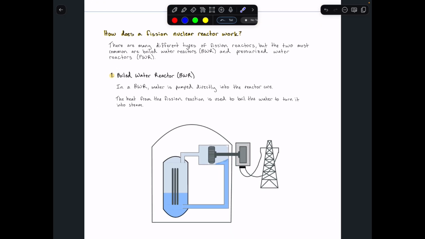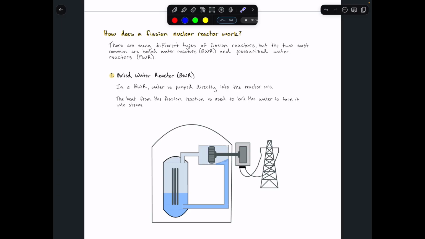There are many different types of nuclear power plants, but in this course we are going to focus on the most common type of nuclear reactor, and it is called a light water reactor. A light water reactor is the most common across the world. And there are actually 2 different types of light water reactors. They function pretty similarly, but they have one main nuance difference. And these are called boiling water reactors and pressurized water reactors.